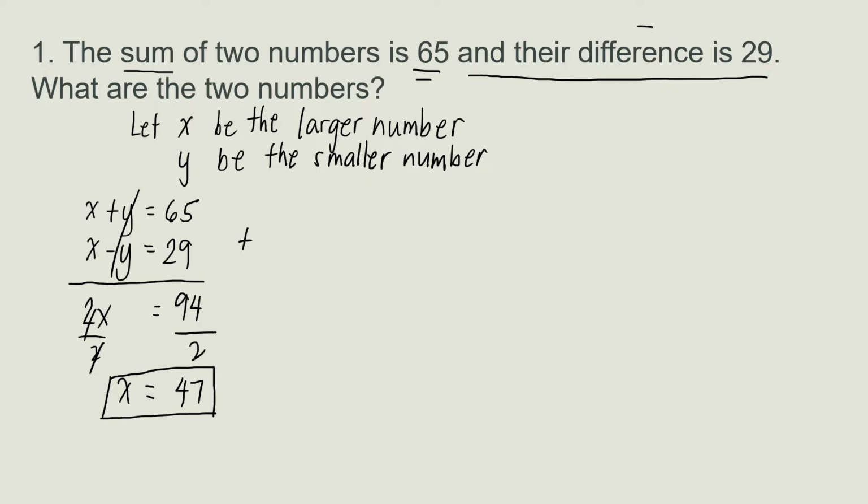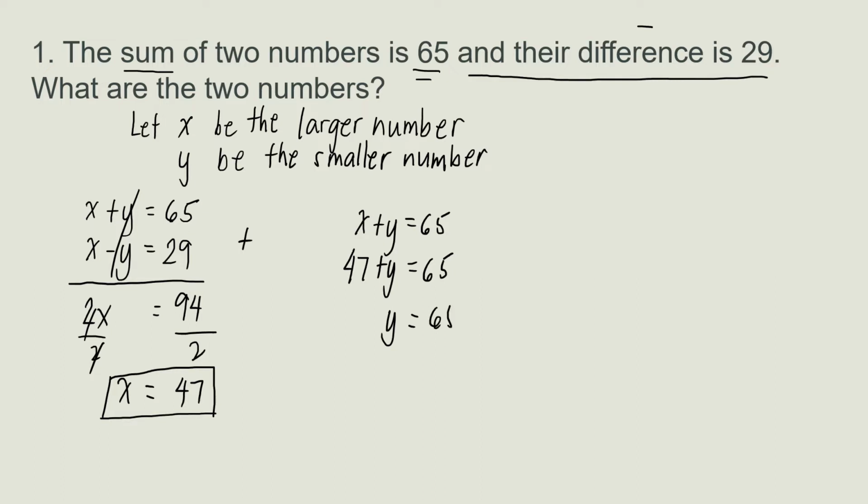Now let us find the smaller number. Again, you can either use the first equation or the second equation. Let's just use the first one. Let's copy first: x plus y is equal to 65. Then let us substitute the value of x that we got, which is 47. So your x here will be 47, plus y is equal to 65. Then transpose 47 to the other side.